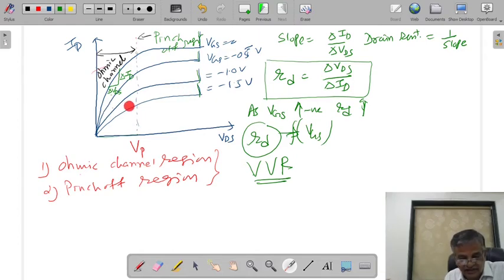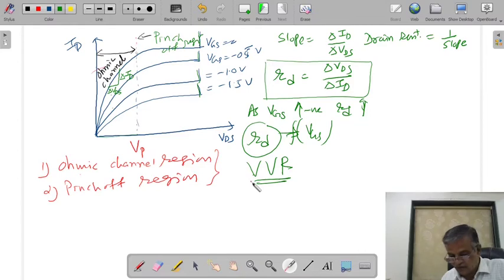In this region, as you change the gate voltage, the resistance offered by the FET changes. As you increase the negative gate voltage, the resistance increases. Such a property of the FET is called a voltage variable resistor.